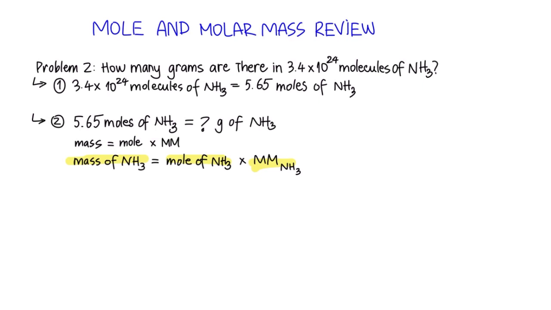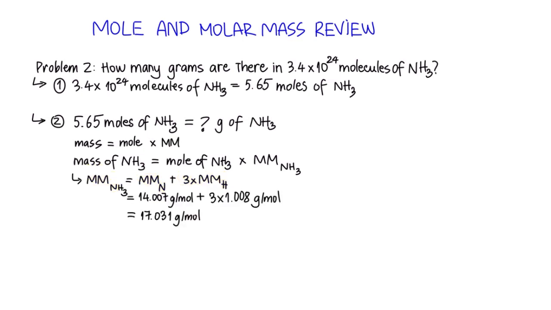Earlier, we already found the mole of NH3, so now we just have to find the molar mass of NH3. To find the molar mass of NH3, I'm just going to take the molar mass of nitrogen plus 3 times the molar mass of hydrogen. Now copying numbers from the periodic table, I'm going to have 14.007 plus 3 times 1.008, and that's going to give me 17.041 grams per mole.